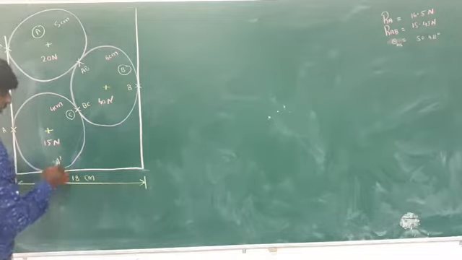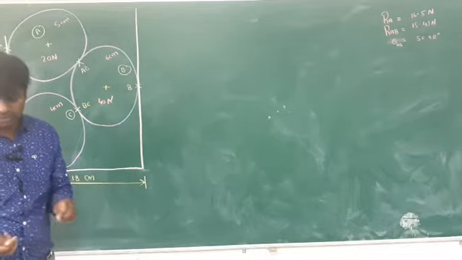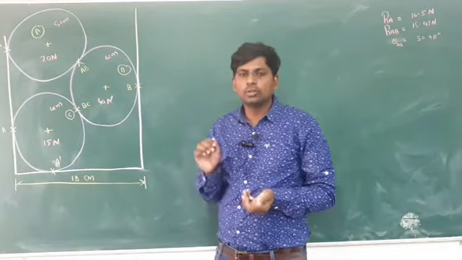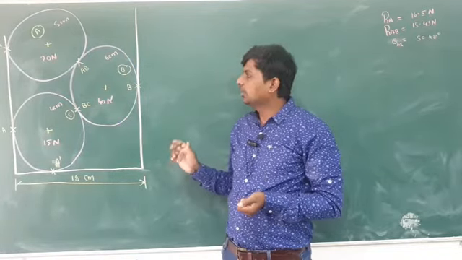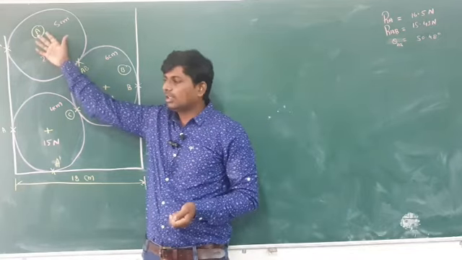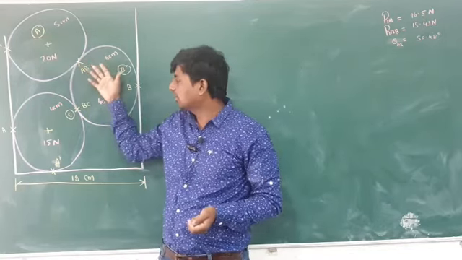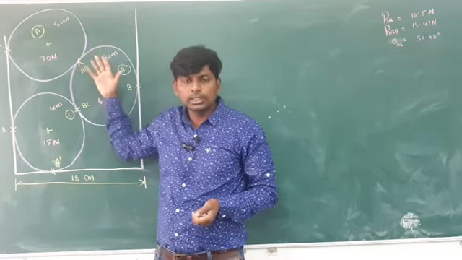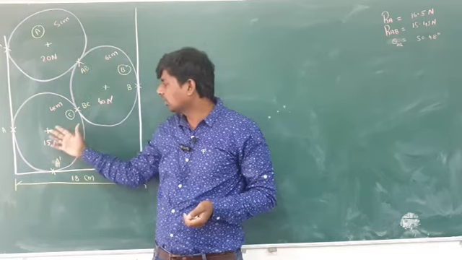Wherever the touching point is there, you have to label it accordingly. This sphere you consider as A, this sphere as B, and this sphere as C.